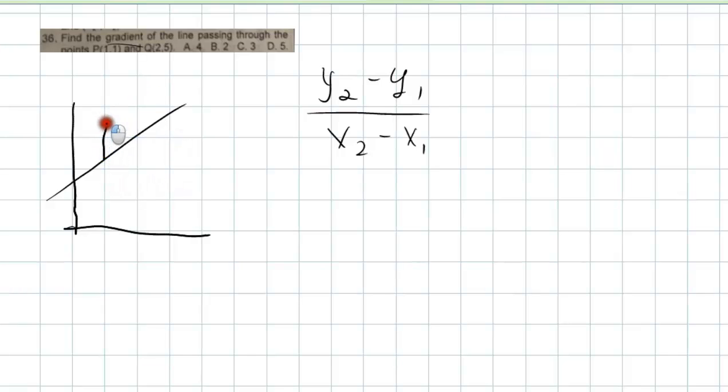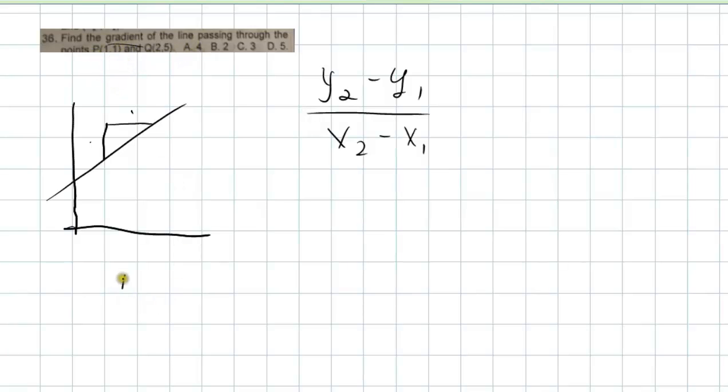The rise is represented by the y values, and the run is represented by the x values. So just remember to keep track of which ones you use where.